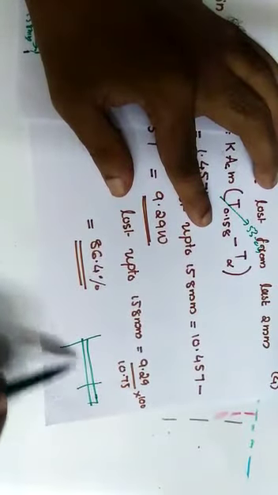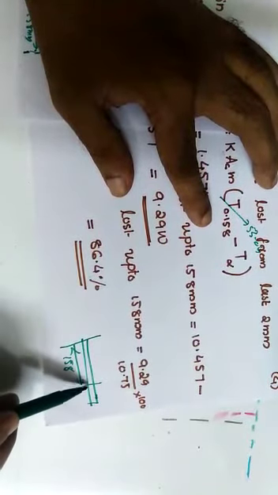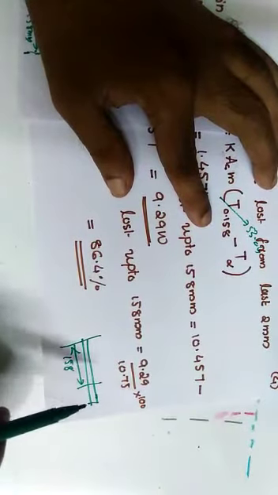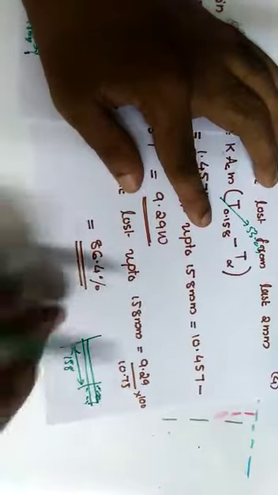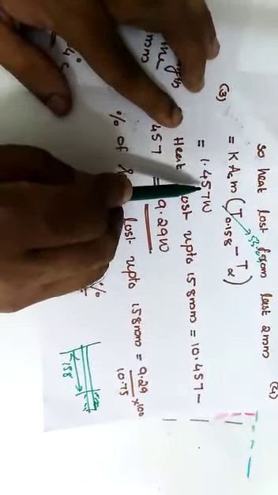So heat lost up to 158 mm, that is, this is the fin, heat lost up to 158 mm equal to heat lost from the entire length of the fin minus heat lost from the last 2 mm. The heat lost from the last 2 mm we calculated as 1.457 watt.